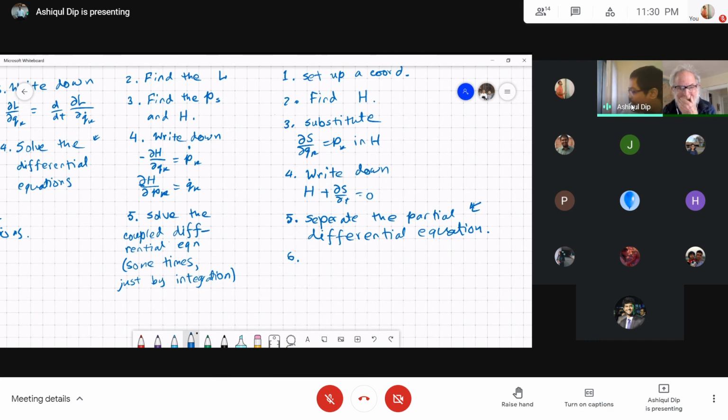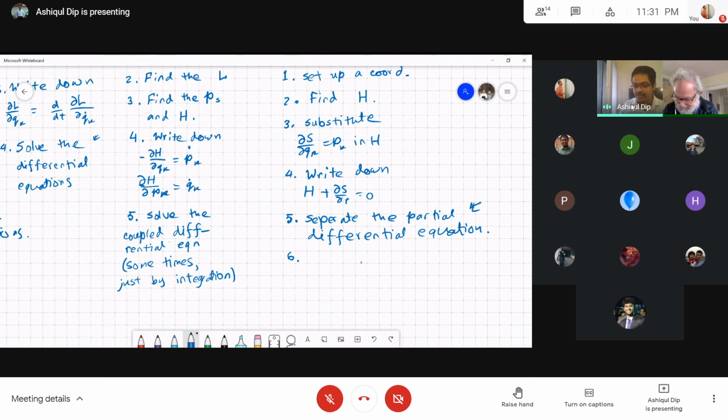But whenever you have separated the differential equation successfully, you have already found half of the integral constants, or integrated half of the system already. That's why it helps solve the differential equation.